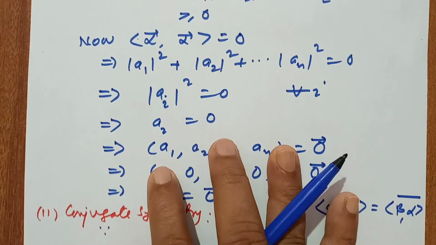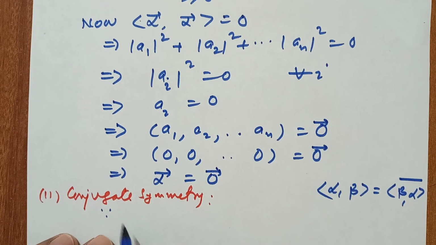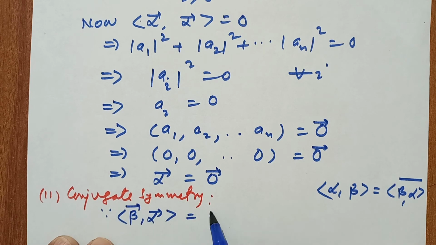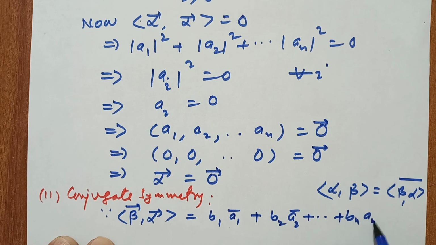So now inner product of beta, alpha equals b1 a1 bar plus b2 a2 bar plus bn an bar.